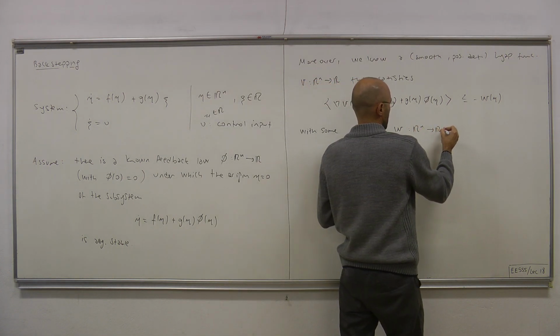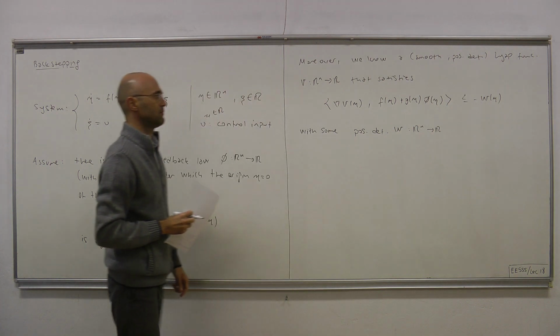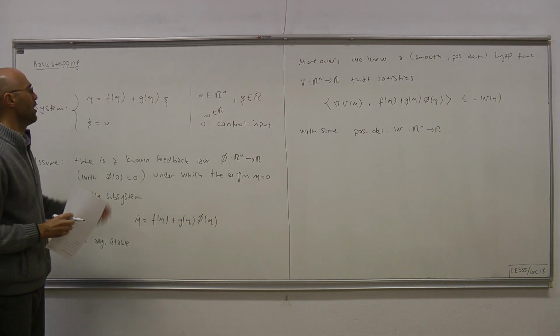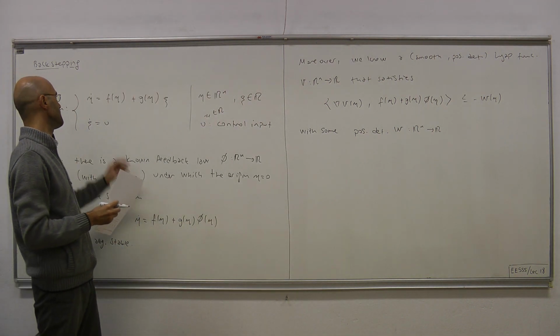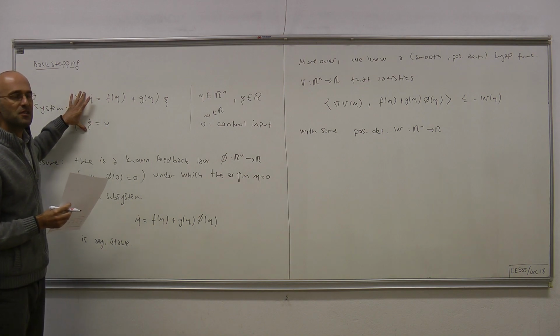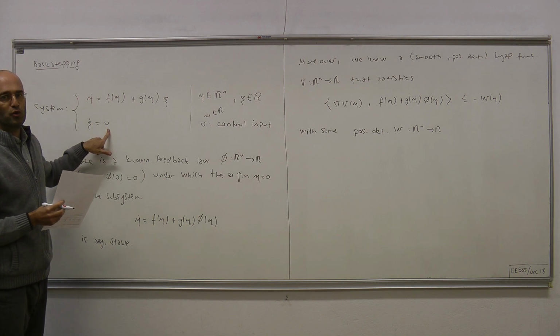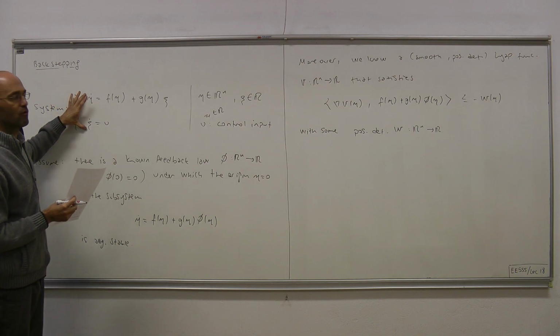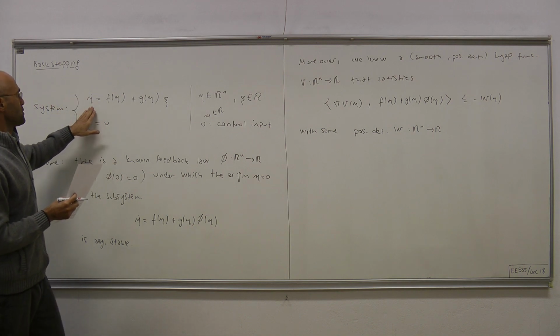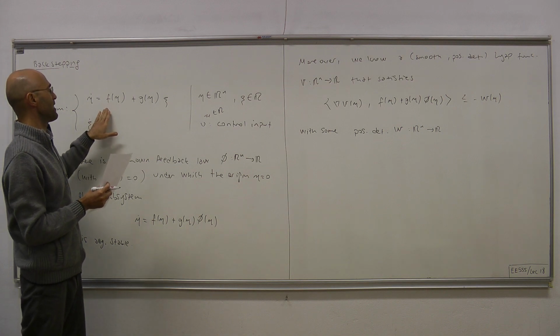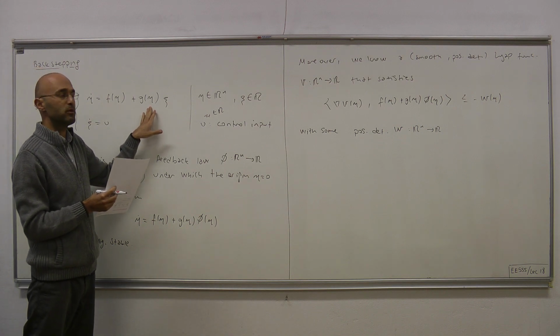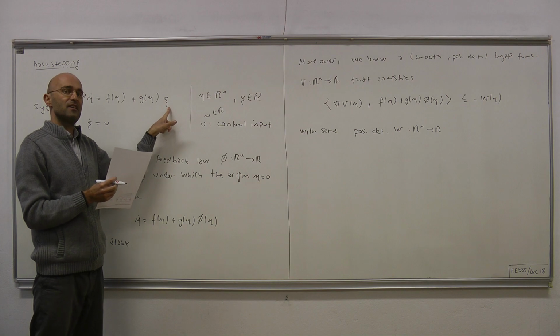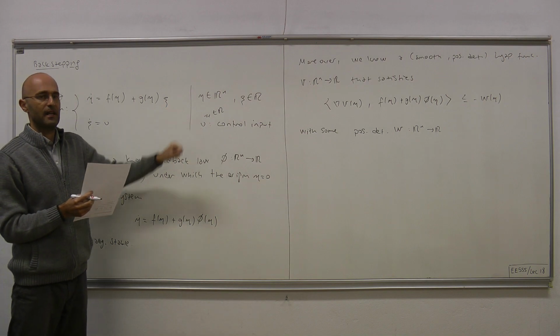Rn to R. Okay, so once again, what we have in our hand is the following system. It's a nonlinear system with control input, and it has a special form. Eta dot equals some mapping f(eta) plus some other mapping multiplied by the last state variable, xi, which is scalar.